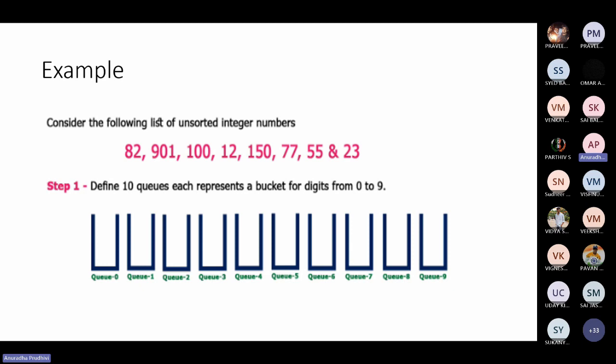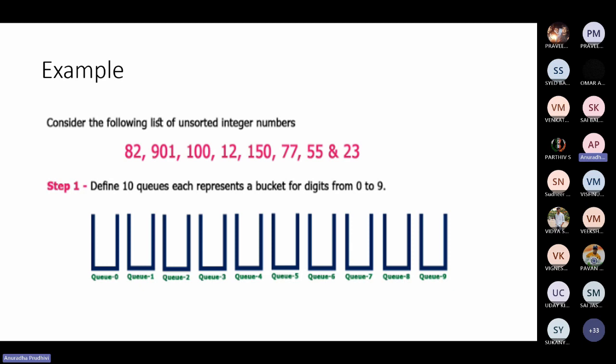See here, 82: the least significant digit is 2. 901: the least significant digit is 1. 100: the last digit is 0. Next 12: the least significant digit is 2. Like that we consider, and store according to that index. We can do Radix sort in two ways.